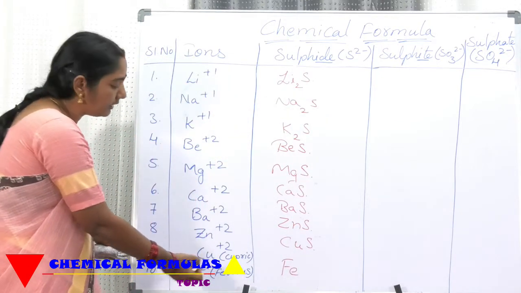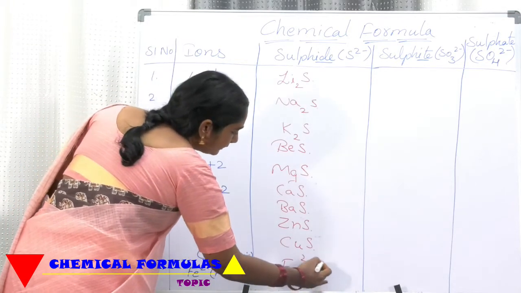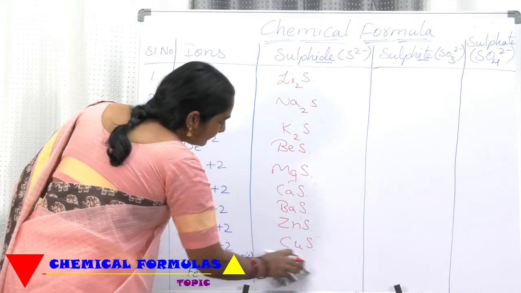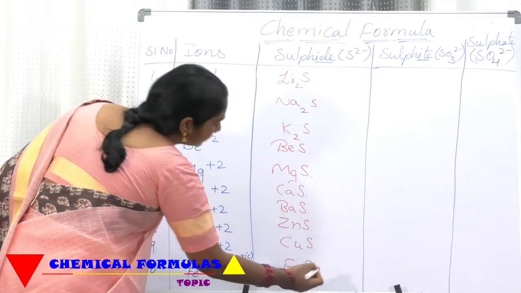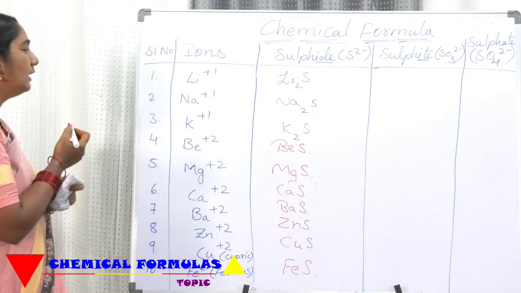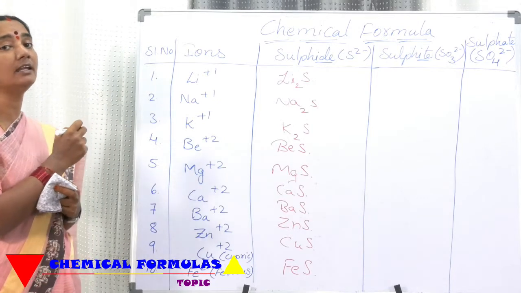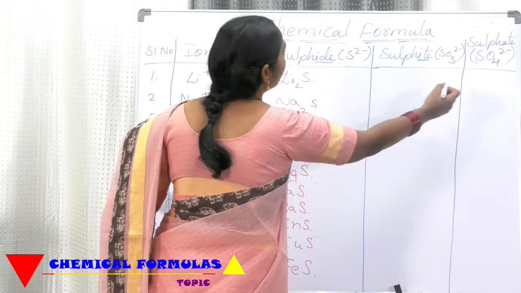You should be very clear, it is ferrous. Fe2 plus. Sulfide 2 gets cancelled. Ferrous sulfide, FeS. Now I think you understood. In all these cases we have written sulfides. Now let us write these 2.